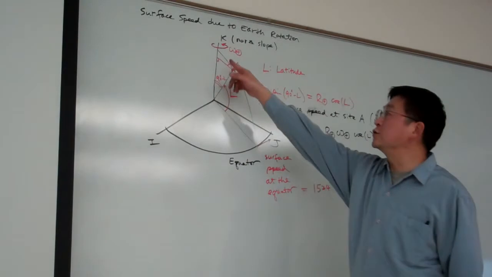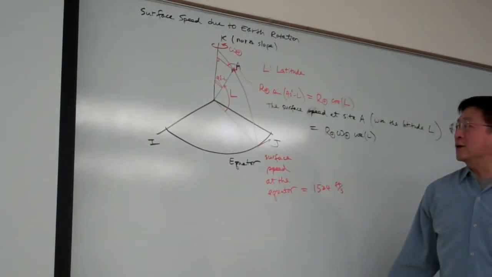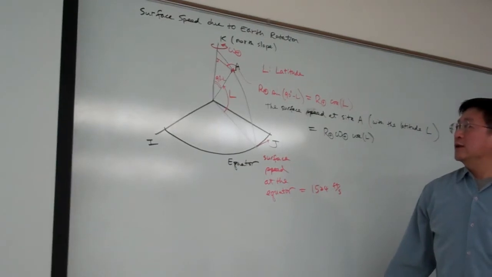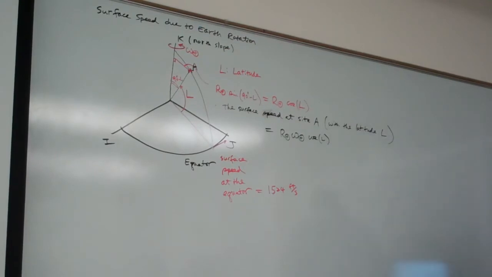If you go to the North Pole, the surface speed is equal to 0. That is the first note I need to give you.